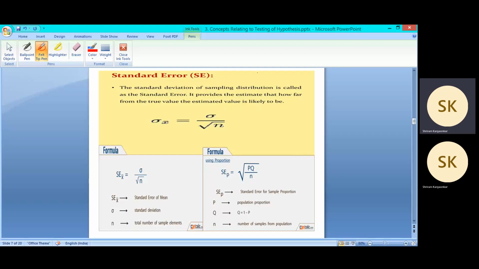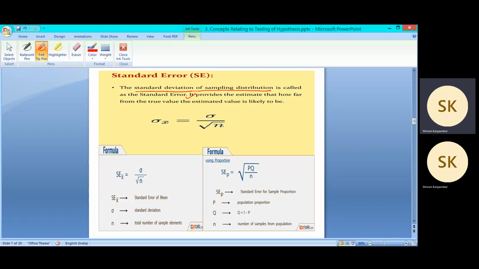Now standard error. The next important definition is standard error. So what is the standard error? Standard error is nothing but the standard deviation of the sampling distribution. It provides an estimate of how far from the true value the estimated value is likely to be.